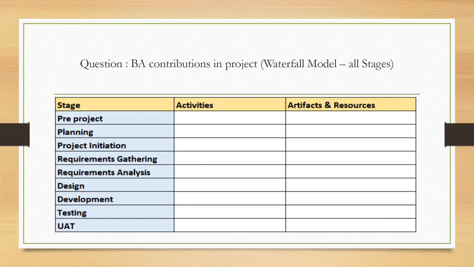You will be preparing the BRD, FR (functional requirement document), non-functional requirement documents, functional specification document, business requirement document, and business case document. Like before, when the project is initiated, you will be preparing the business case document. Okay. So you will be writing down for each stage.